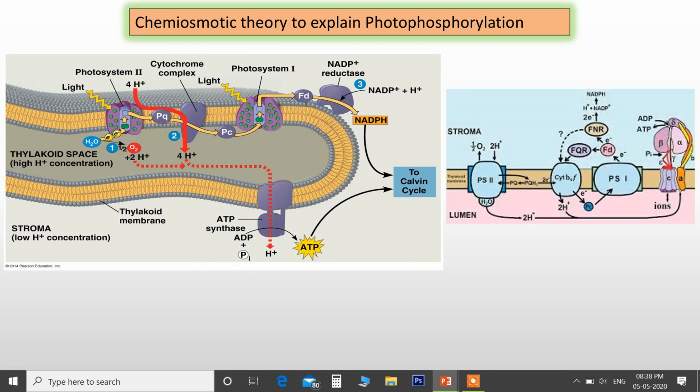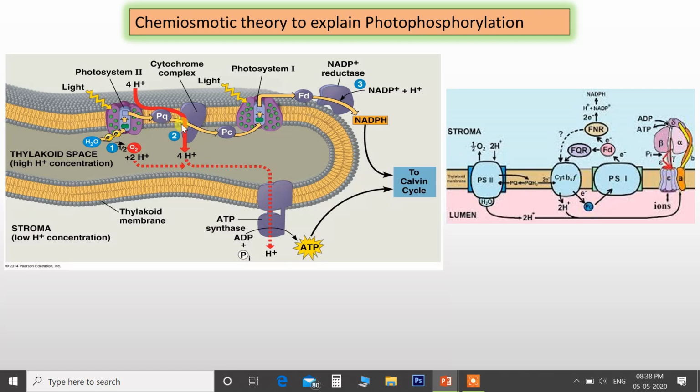Here, among the electron carriers in between pigment system 1 and pigment system 2. So you just remember what you have studied about non-cyclic and cyclic electron transports. There are two pigment systems, PS1 and PS2.